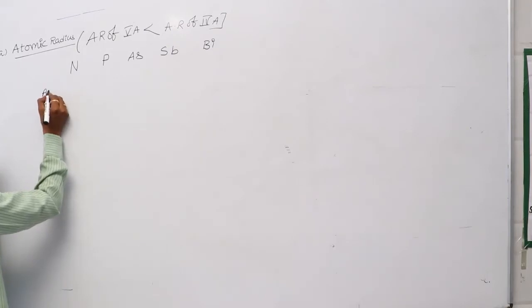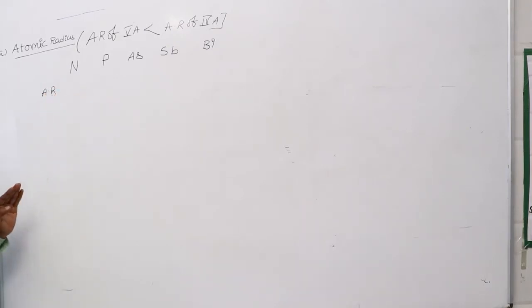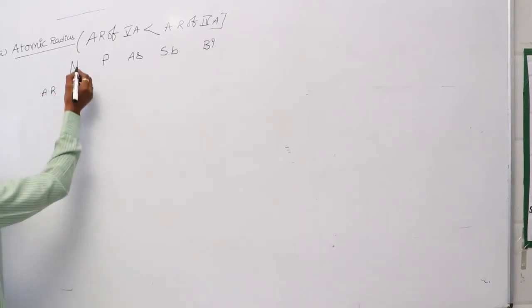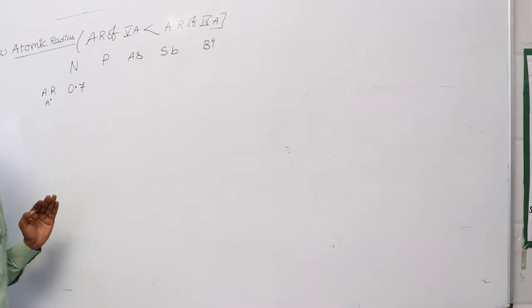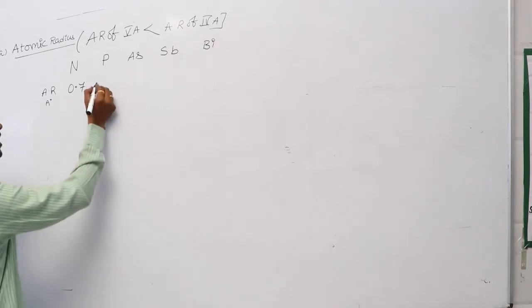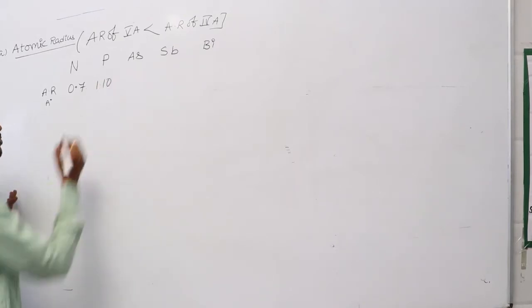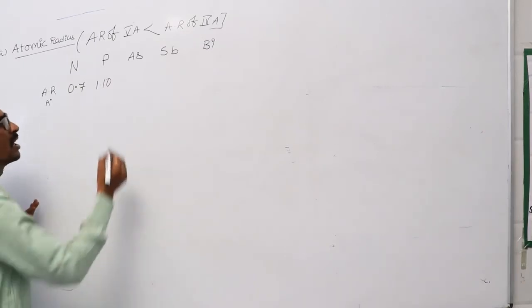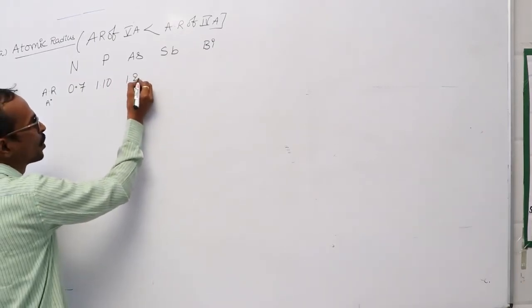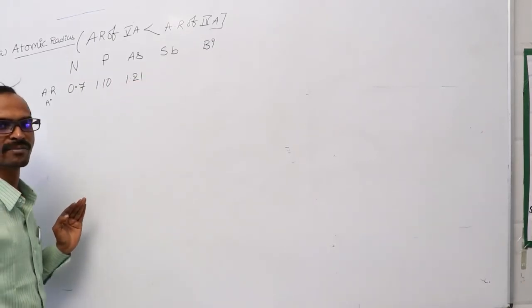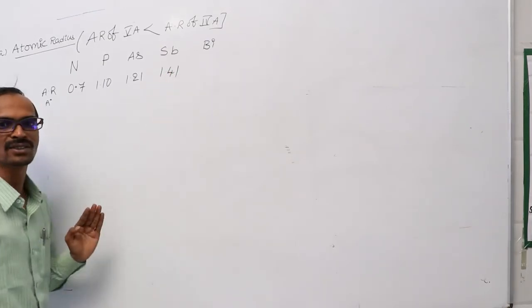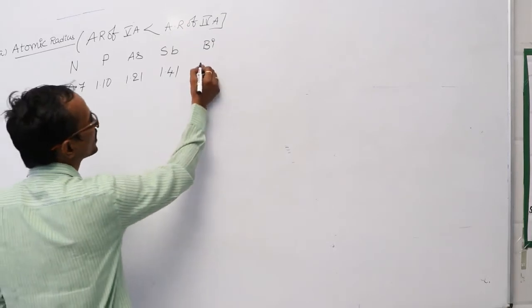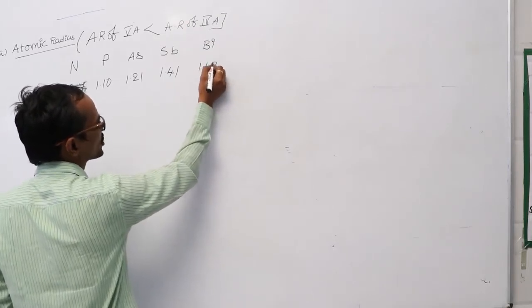If we look at the atomic radius of these elements, nitrogen is 0.7 angstroms, phosphorus is 1.10 angstroms, arsenic is 1.21 angstroms, antimony is 1.41 angstroms, and bismuth is 1.48 angstroms.